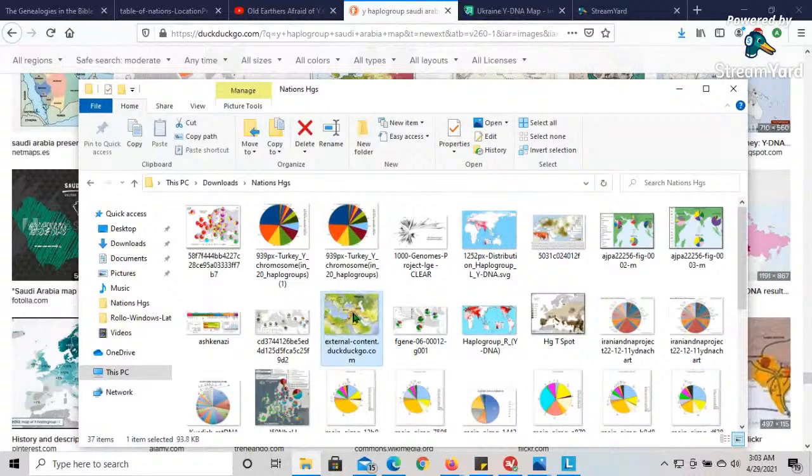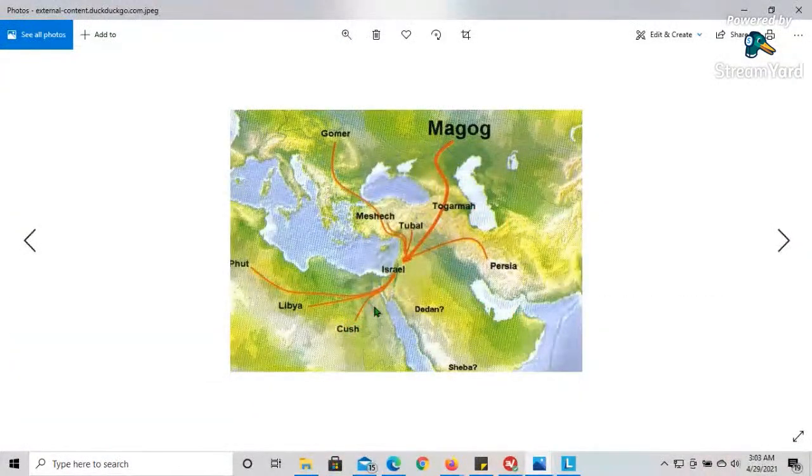Go ahead and look at this map here because this is just a real quick recap. You got Phut, Cush, Mitzrayim, Madai. You got Magog is a huge population.